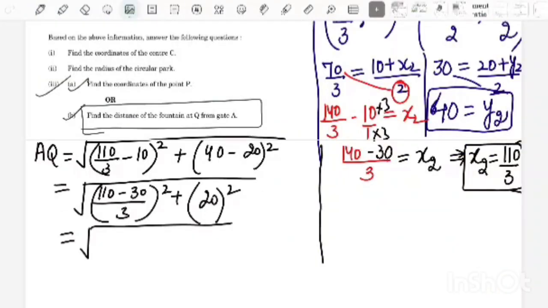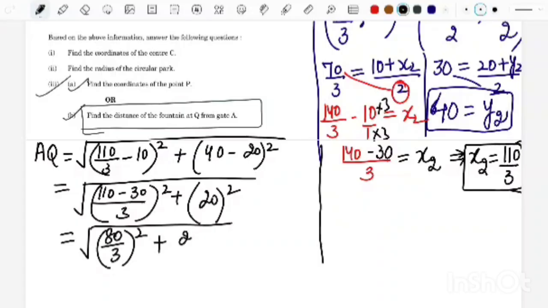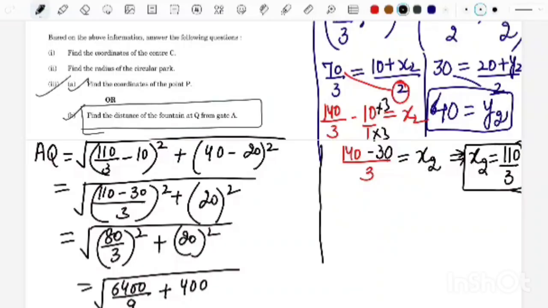It's (80 upon 3) whole square plus 20 square, right? 8 8s are 64, so 6400 by 9 plus 400.